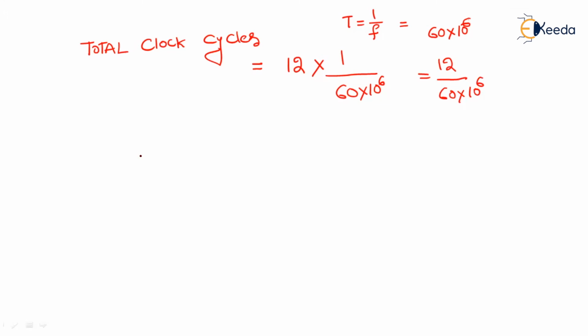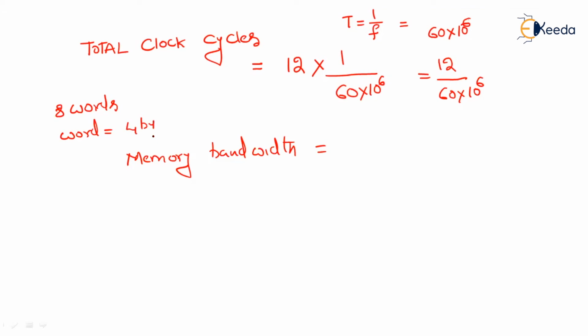Now what is the memory bandwidth? Memory bandwidth is equal to number of bytes that are transferred. How many bytes are transferred? Total 8 words are transferred. Each word is equal to 4 bytes as per the question.